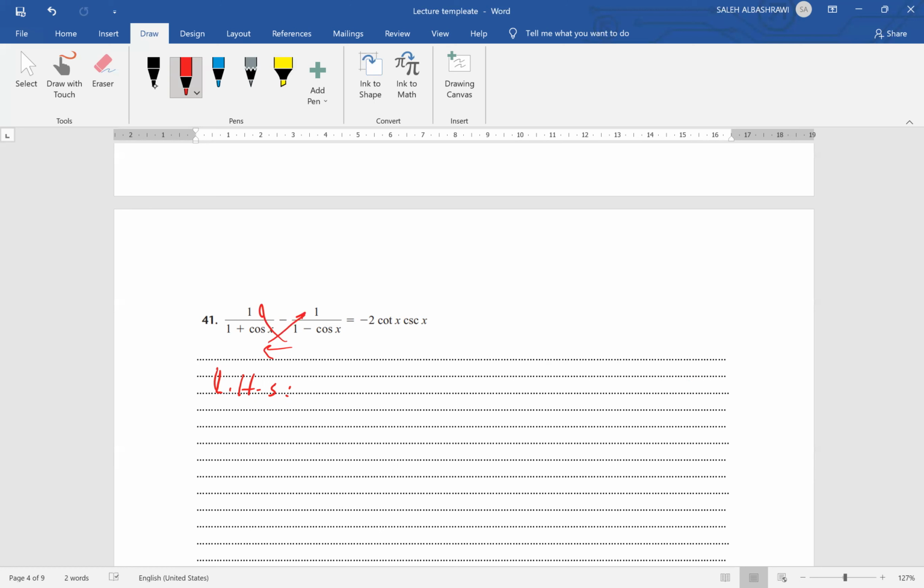So the left-hand side, if you multiply the denominators together, 1 plus cosine x multiplied by 1 minus cosine x. For the numerator, it will be 1 multiplied by the second denominator, 1 minus cosine x, minus 1 times 1 plus cosine x.